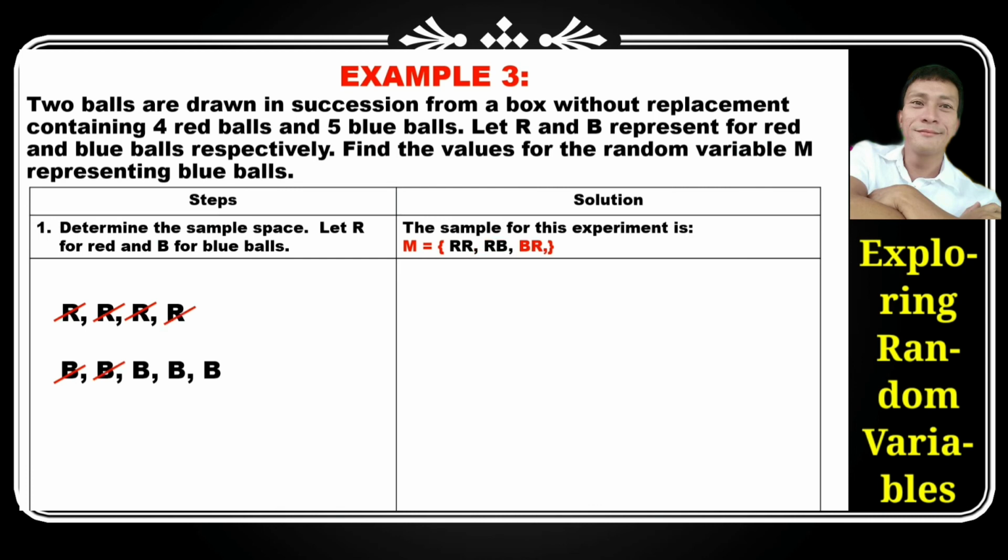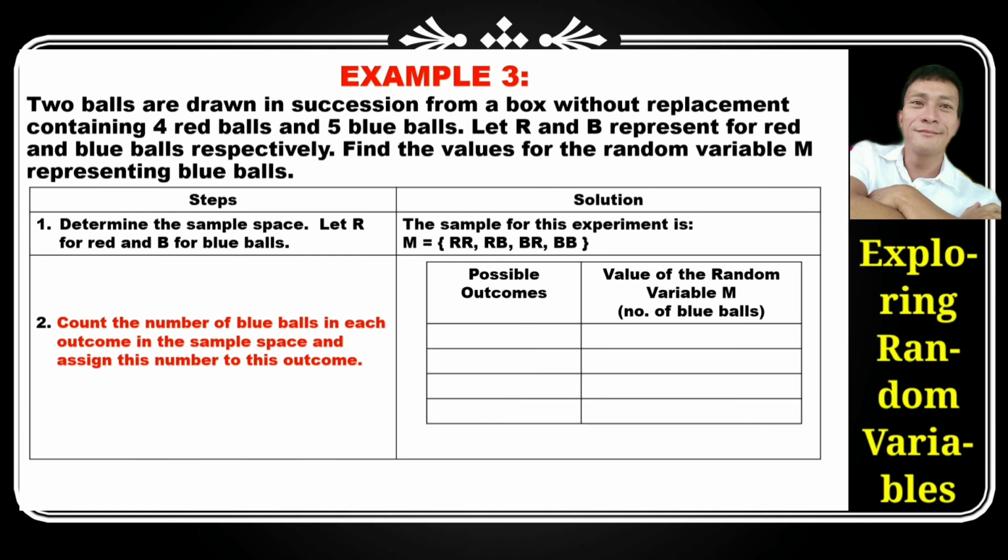The third outcome is 1 blue and 1 red, so cancel 1 B and 1 R at the box. Since the remaining 3 balls are blue balls, you will draw 2 balls and cancel at the box again. And because only 1 ball is remaining, double blue balls is the last outcome.